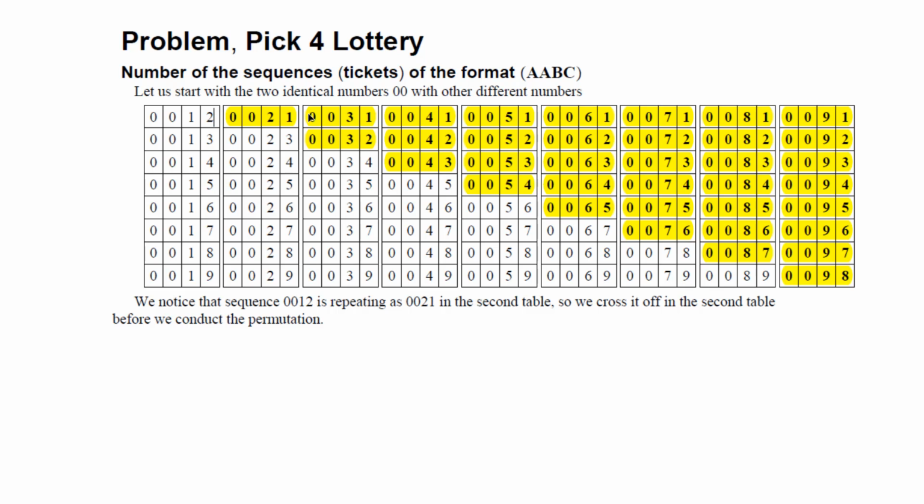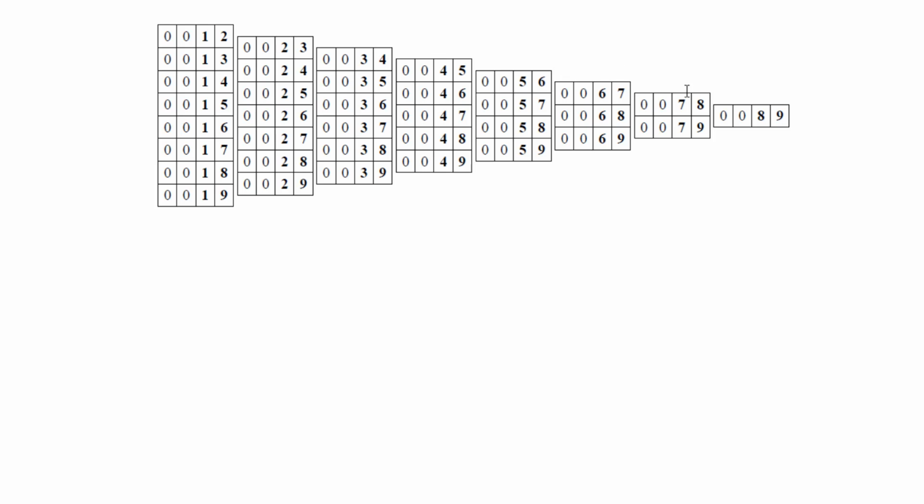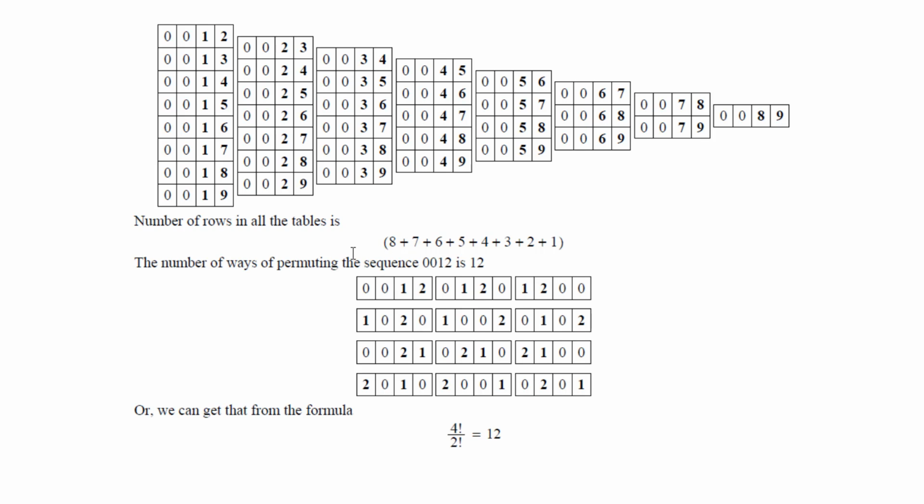So for this reason we have to cross off all these highlighted tickets before we permute them, and we end up with these tickets. They are ready for permutation, and the first table has 8 tickets, and the second table has 7, the third has 6. We add them together and we get the total number of tickets for the case of 00.